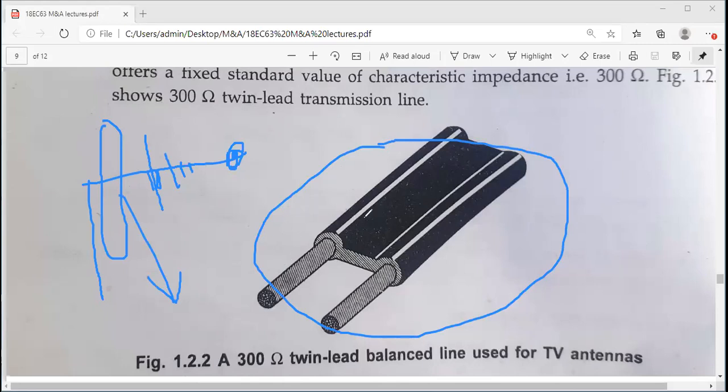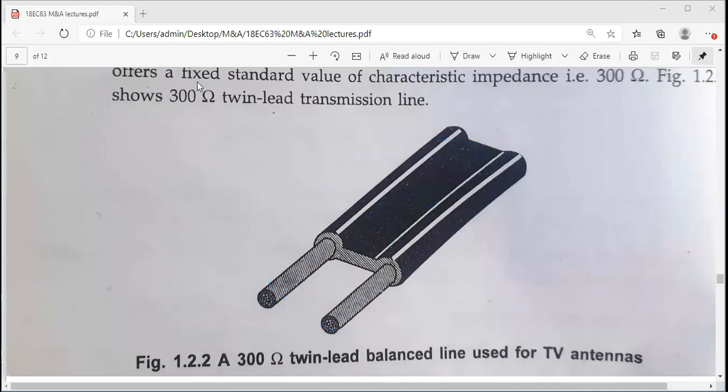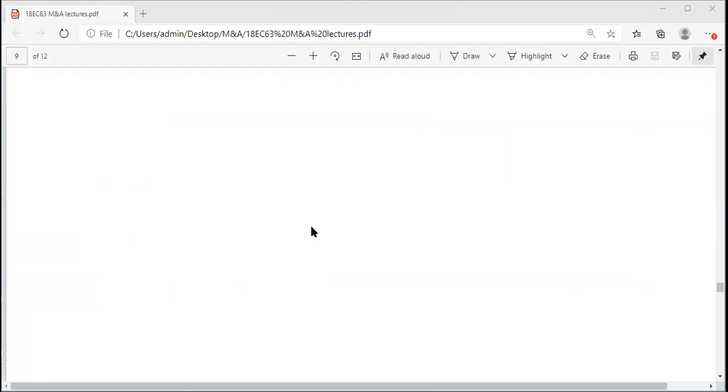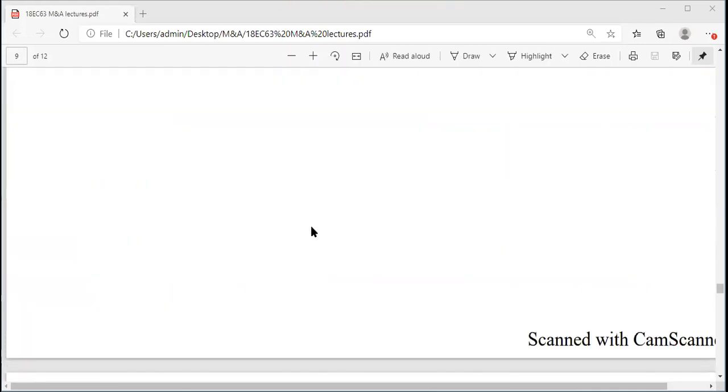Here, in between, there will be a thin strip, and two parallel wires will be laid. Black color wire, you might have seen it. This is about some basics, the commonly used transmission lines.